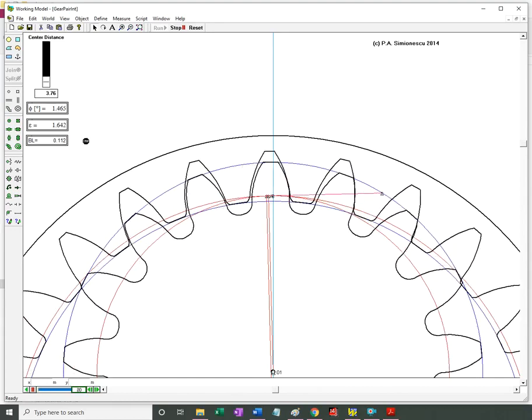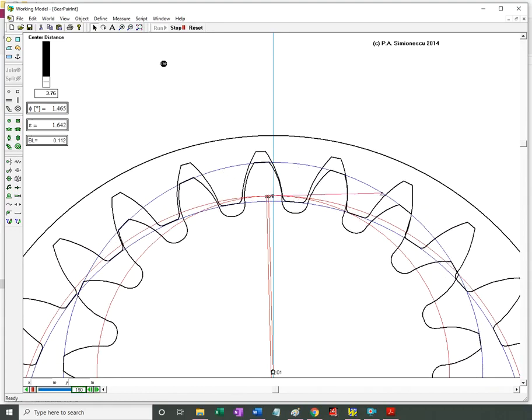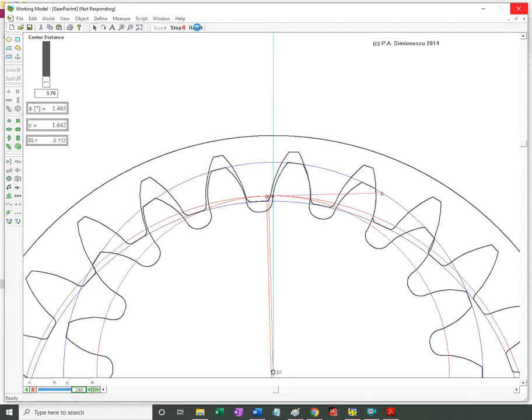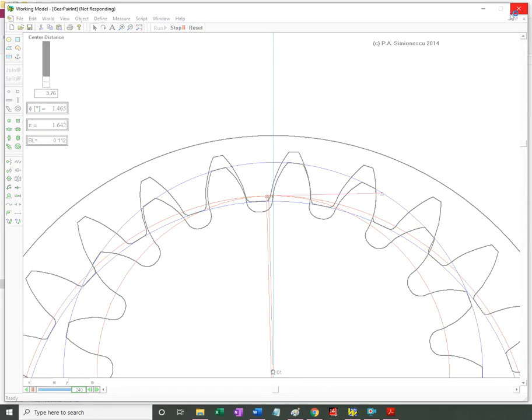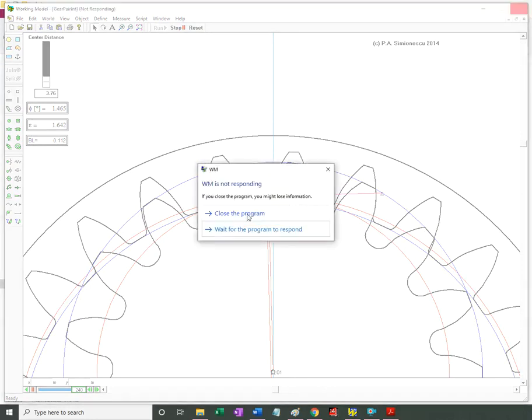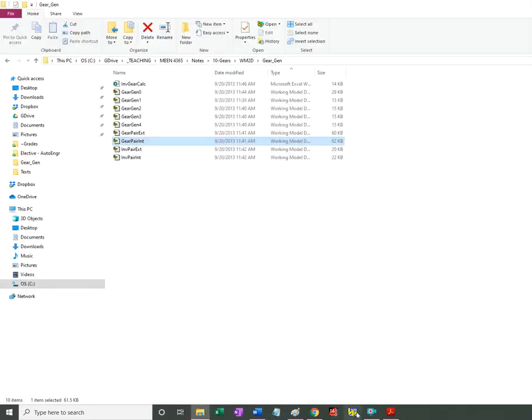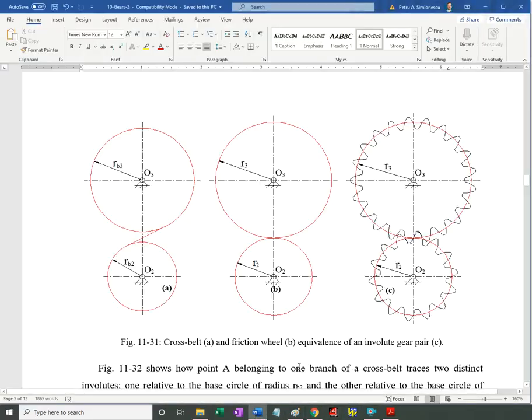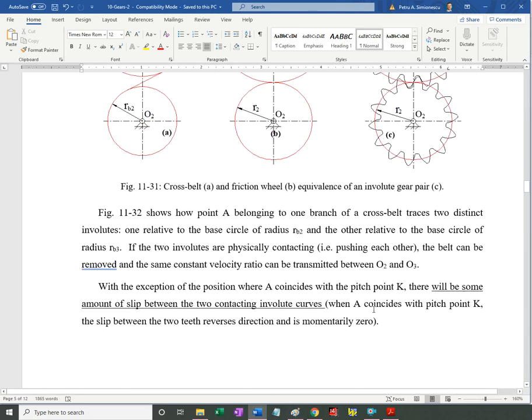The pressure angle changed from 20 degrees, and the contact ratio also changed value. That is, it went less than 2, the way it was originally. Okay.